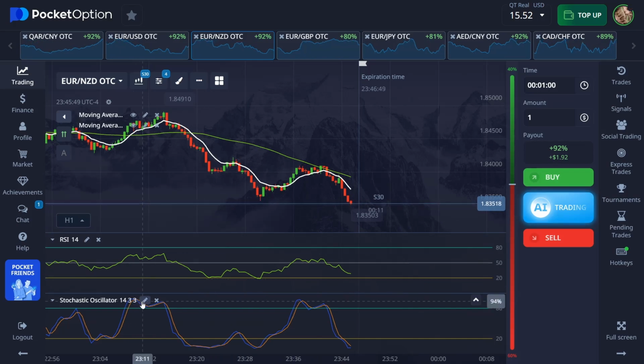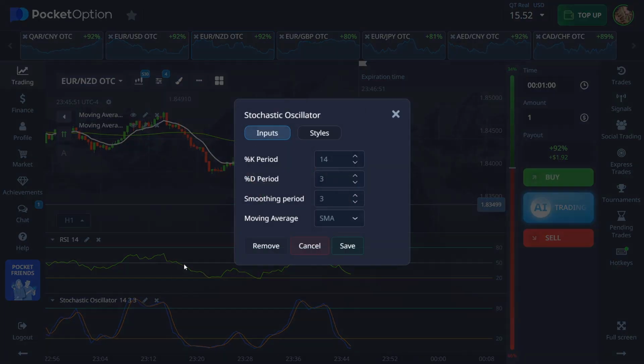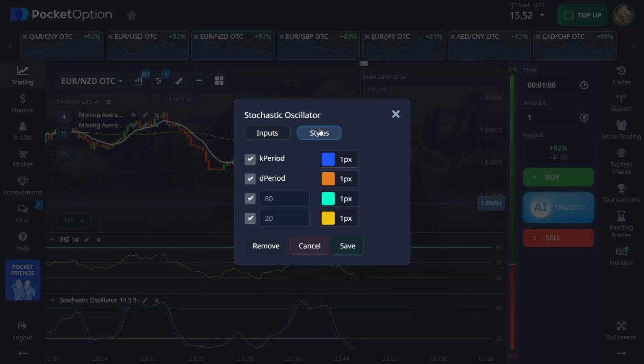Now you have the stochastic. The stochastic is basically like two simple moving averages. Stochastic, default period, okay? And you also have these two levels, the 80 level at the top and the 20 level at the bottom.